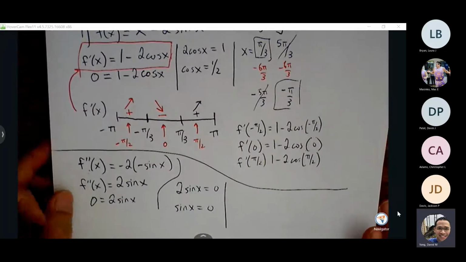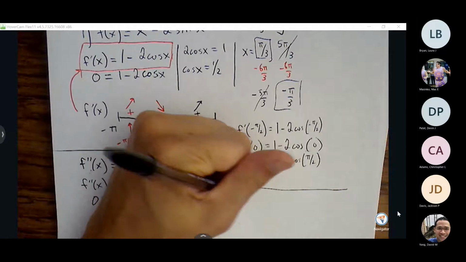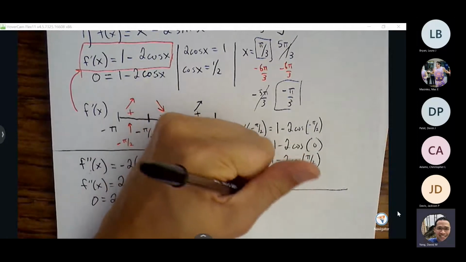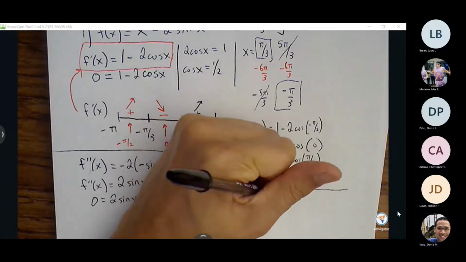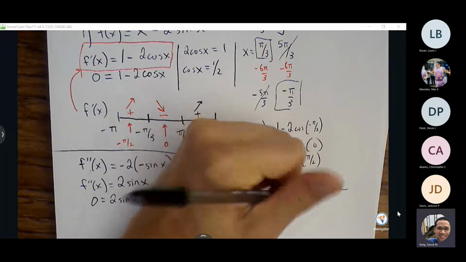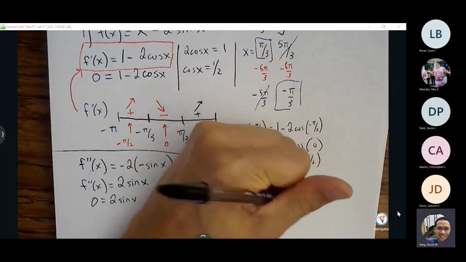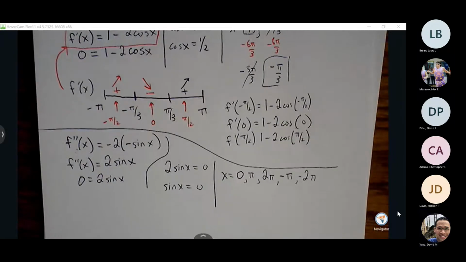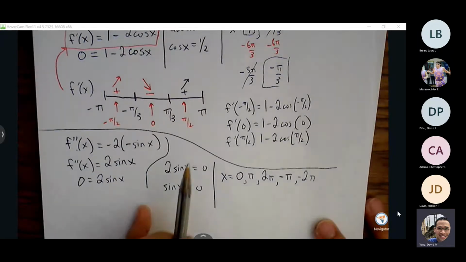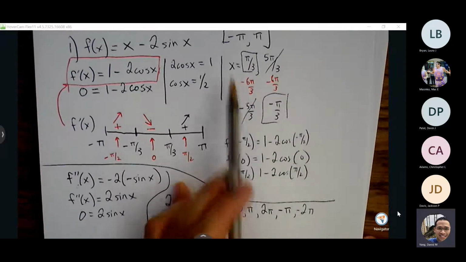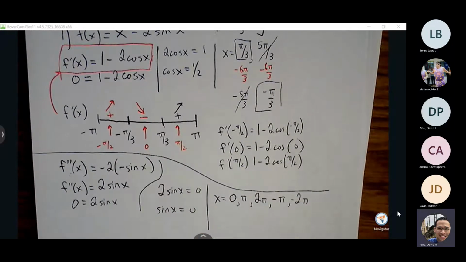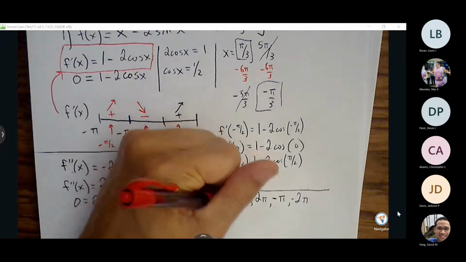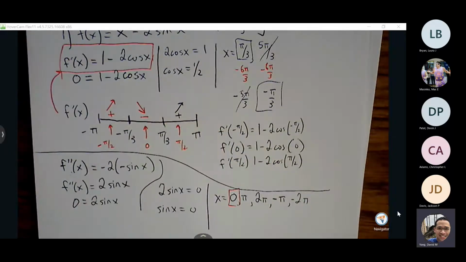Okay, so where is sine equal to 0? 0, pi, 2 pi, negative pi. Okay, just listing out all the values for sine equal to 0. And we only want the ones between negative pi and pi. Only 0, right?